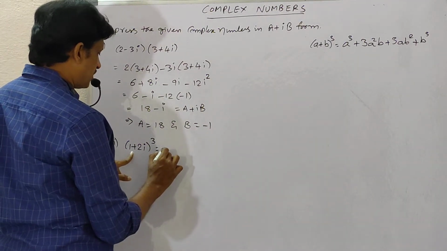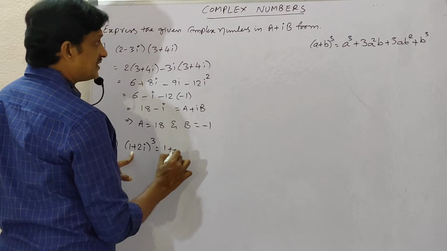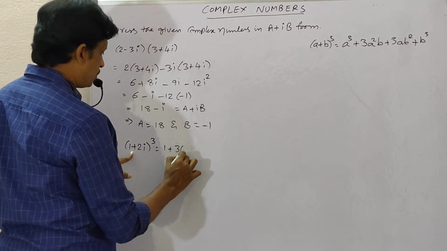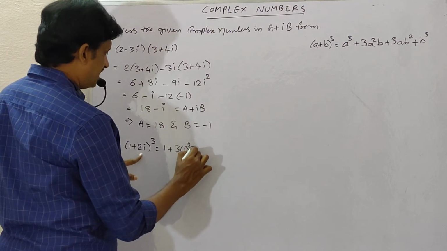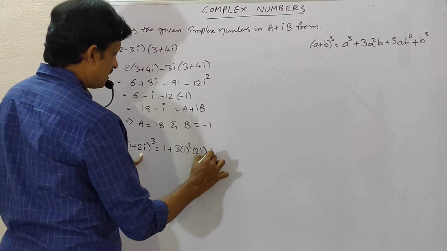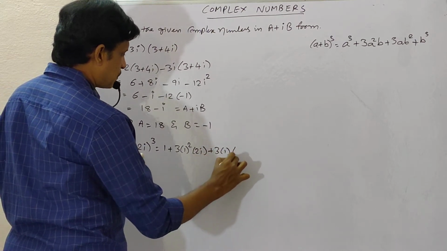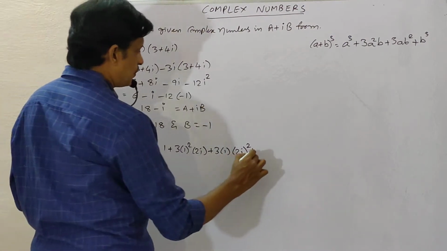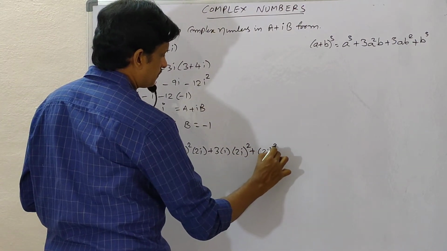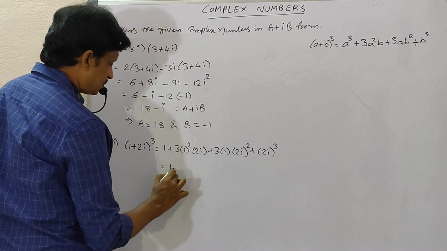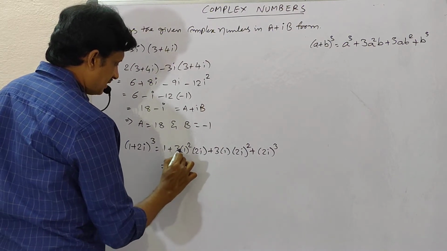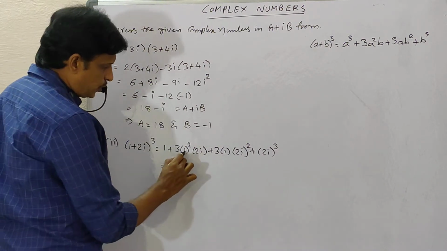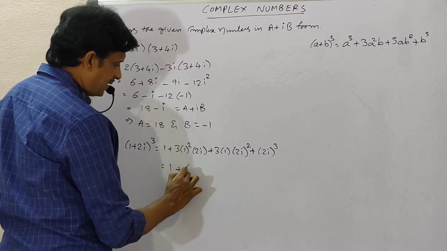A cube, that is 1 cube, is 1, plus 3a square b, that is 3 into a square into b, which is 2i, plus 3ab square, that is 2i whole square, plus b cube, that is 2i whole cube. So this is 1 plus, 1 square is 1, 3 into 1 is 3, 3 into 2i will be 6i.